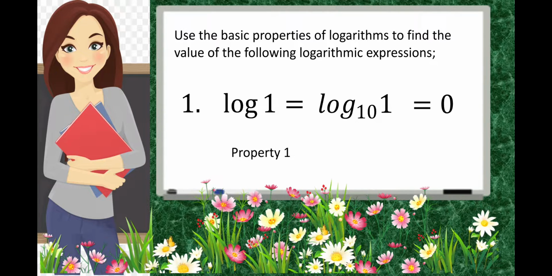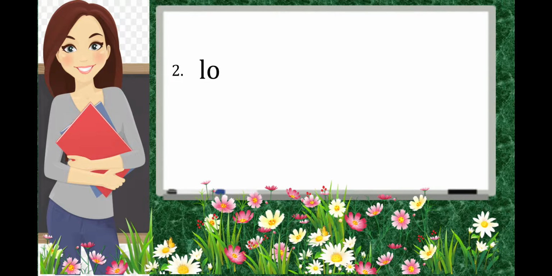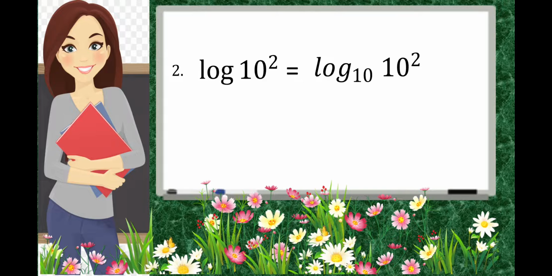That is using property number 1, that is, log of 1 to the base b is equal to 0. The logarithm of 10 squared is equal to the logarithm of 10 squared to the base 10, which is equal to 2. That is using the second property of logarithm, that is log of b raised to x to the base b is equal to x.